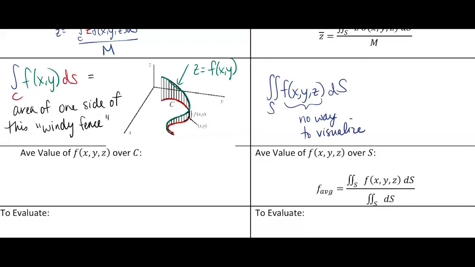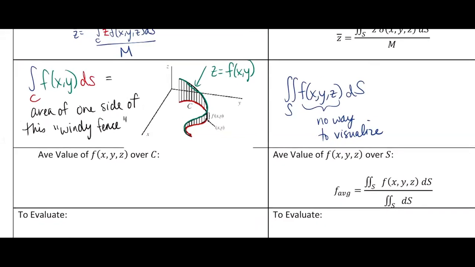So the reason I'm able to visualize over here in the line integral case was only when I'm integrating over a curve in the xy plane, where my function is just a function of 2 variables. If I had switched over here to integrate over, say, a helix in 3D, my integrand would now be a function of 3 variables, and I would have no way to visualize my line integral.